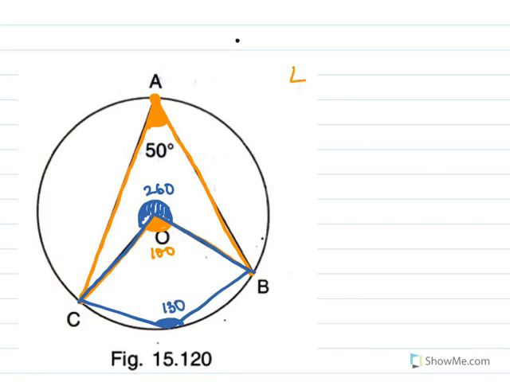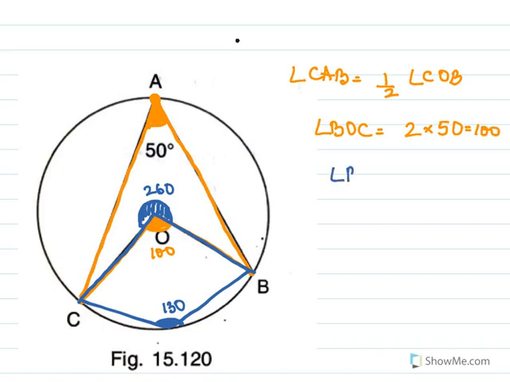So angle CAB is half of angle COB, which is therefore 100. Or we can say we need to find angle BOC. Angle BOC is double of 50, which is 100, and on the other side we have angle BOC equal to 100.